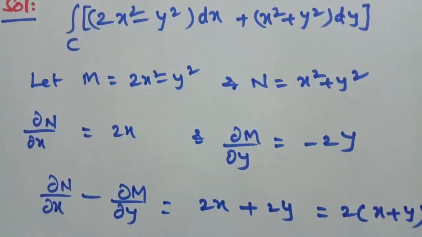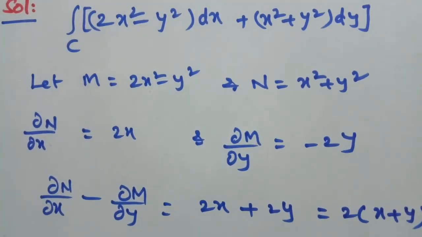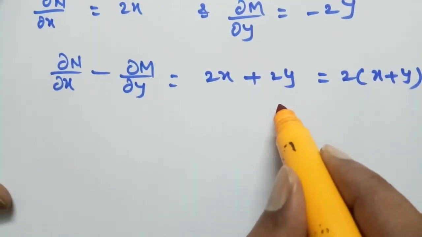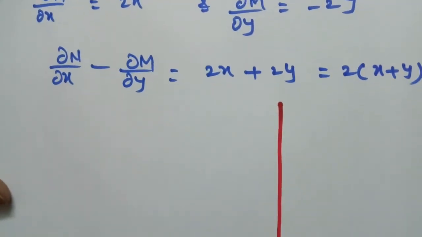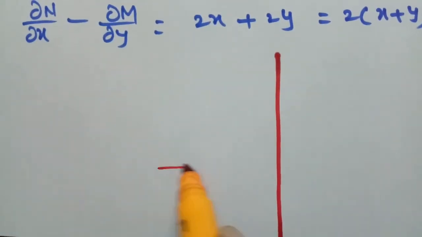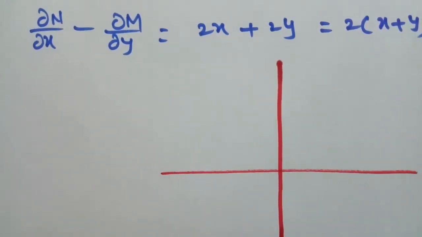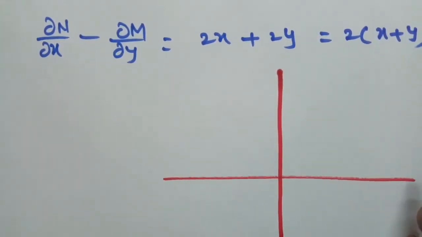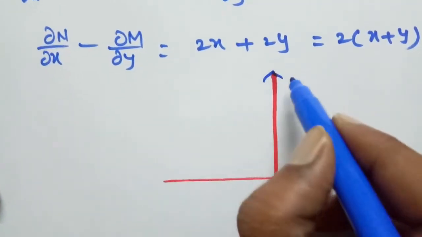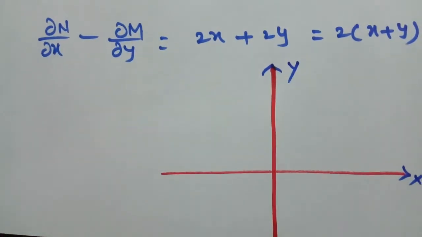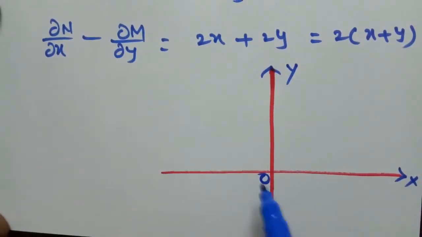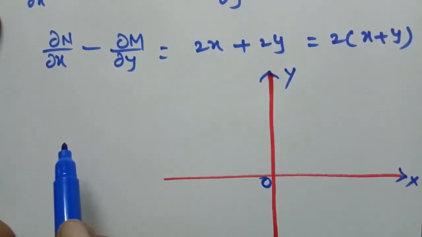Now, by using Green's theorem, we have to evaluate the line integral over C. First, we have to draw the region of integration. X-axis and y-axis. This is x, this is y. Negative x-axis, positive x-axis.